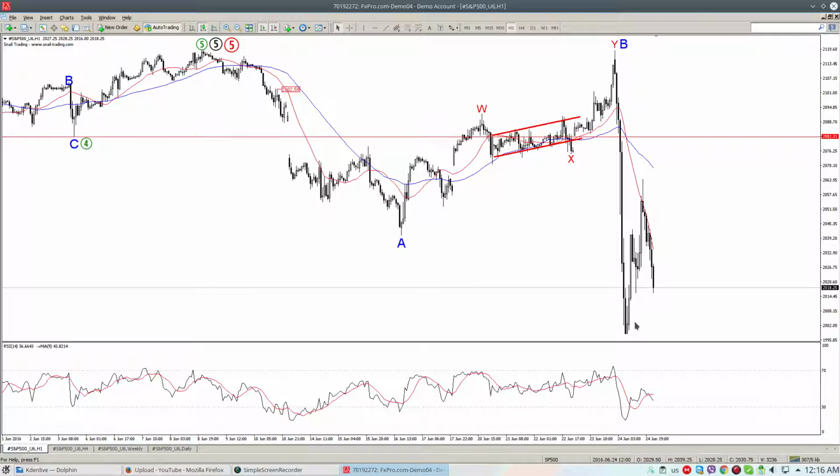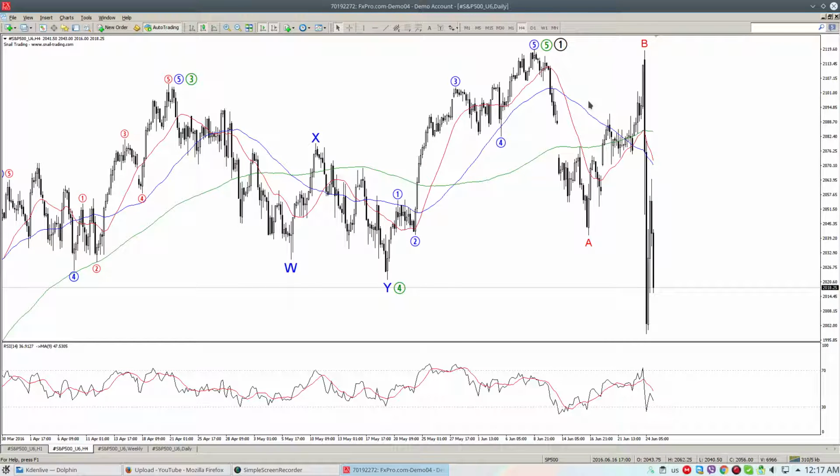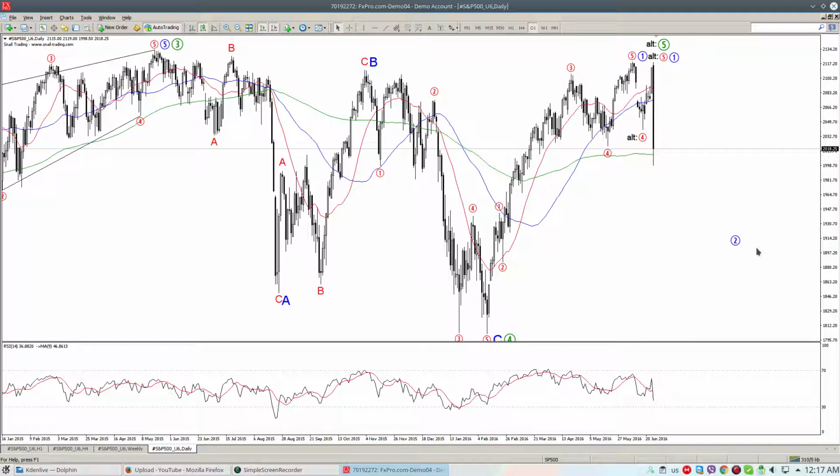Eventually, probably we will have another low here, because this move also looks like an ABC, and then this will be A, B, C for a W here, looking for a sideways move in an X, and then another ABC to the downside for a Y that will conclude this wave 2 here. That pretty much is everything I had to say for the S&P.